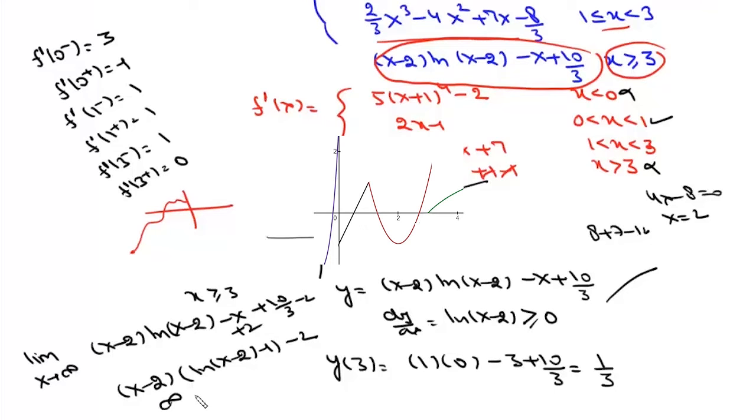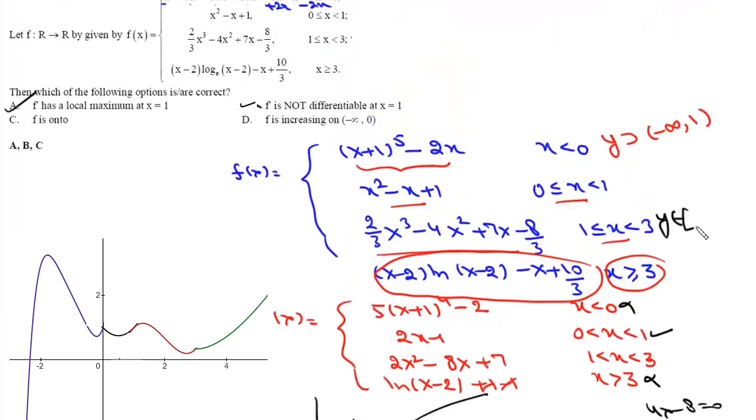Now as x tends to infinity, this is infinity and this is infinity, so its maximum value is infinity. So for this function, its range is from 1 by 3 to infinity. Now in between these two, they contain all the values from minus infinity to plus infinity. So the range of this function is R, and therefore this function is an onto function.